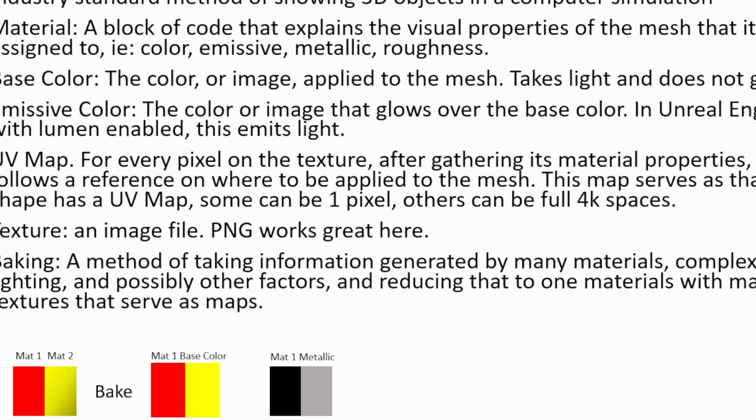My metallic map is going to be a different texture generated, and it's going to tell it that on the left side of this shape, it's not metallic at all. On the right side of this shape, it is somewhat metallic. It is probably about 60% metallic.